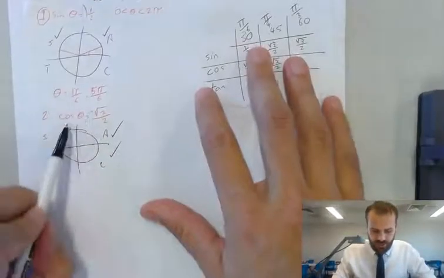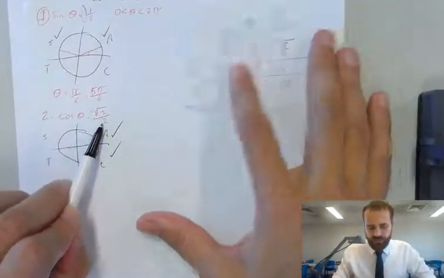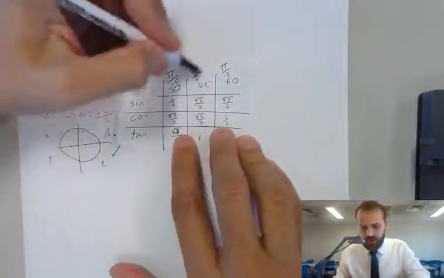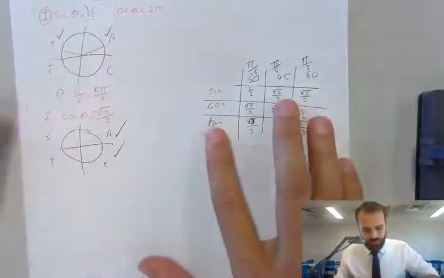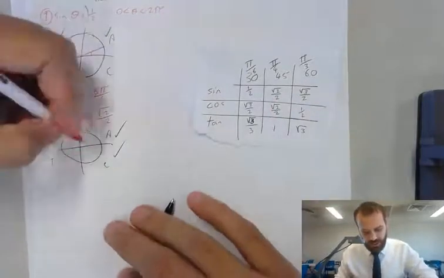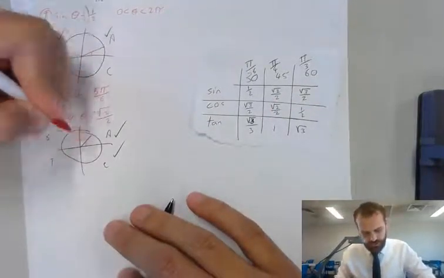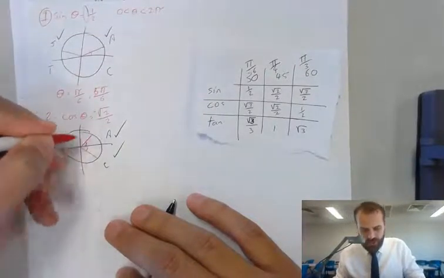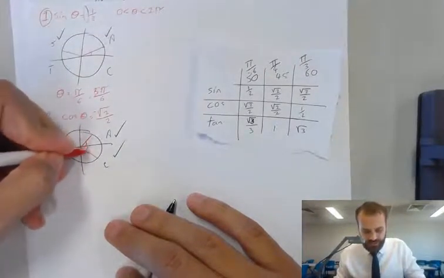Now, cosine theta equals root 2 on 2. Cosine, root 2 on 2, it's pi on 4. Alright, that's 45 degrees. So that's going to appear here and here. Notice I'm drawing those angles against the x-axis.